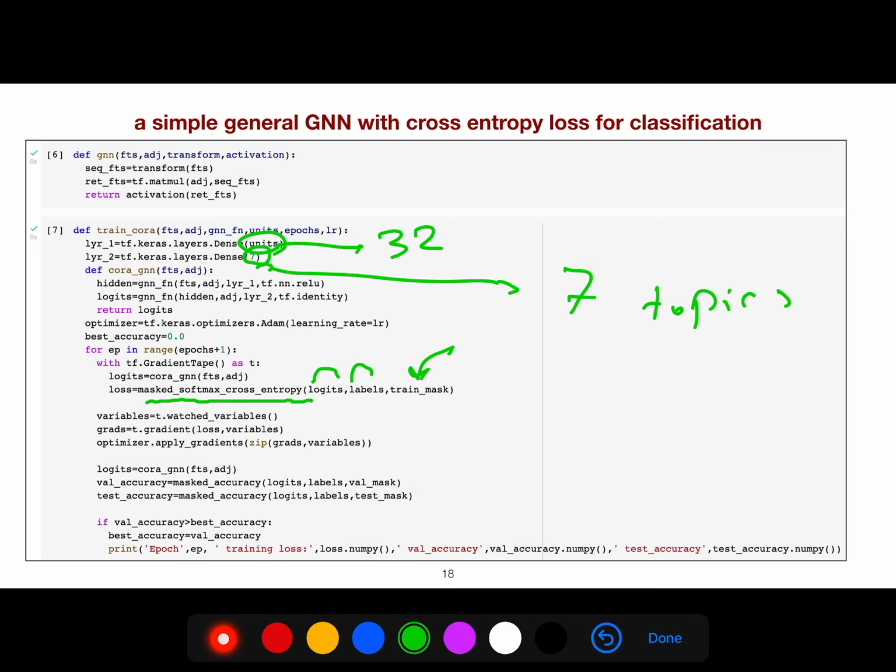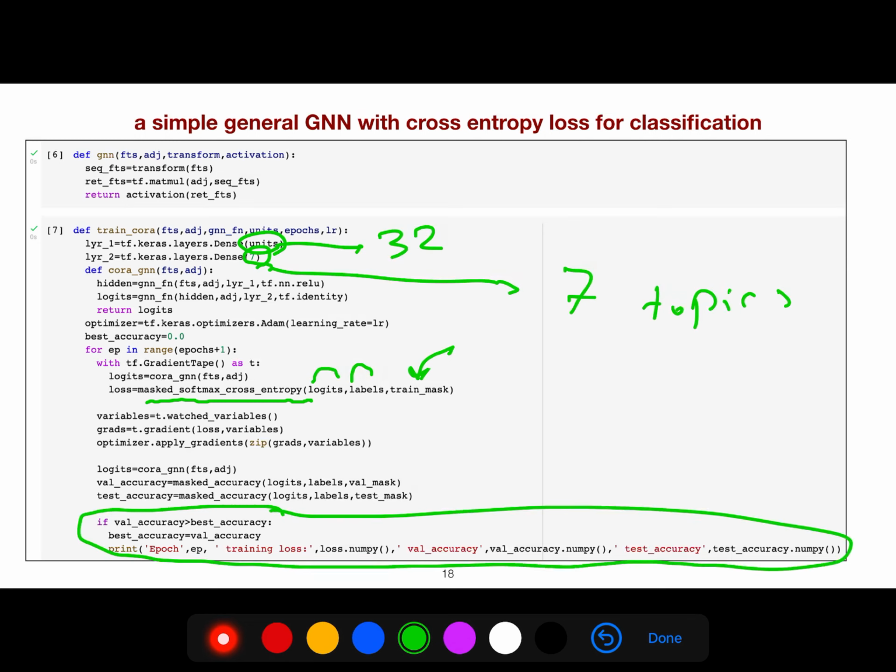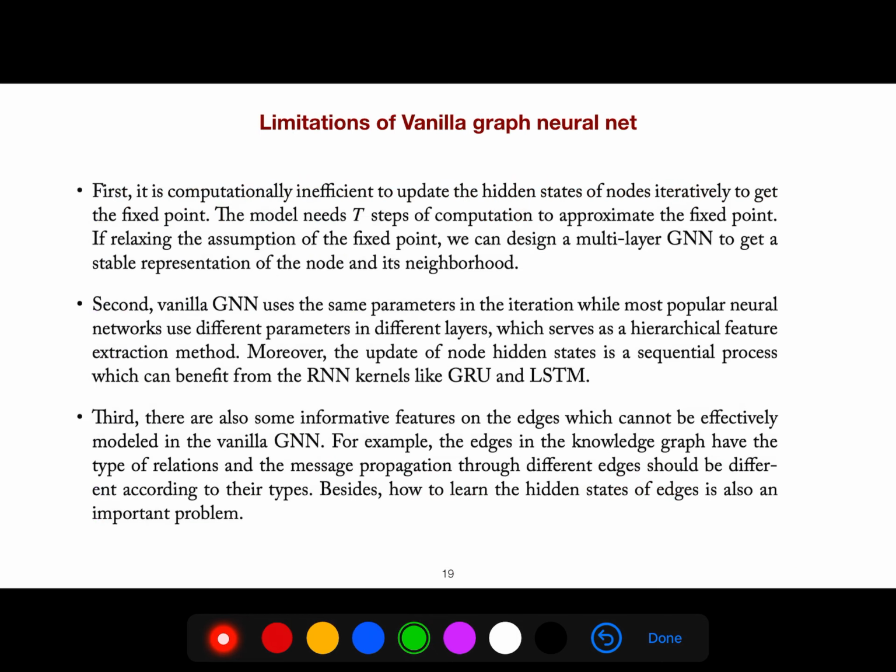And you observe the training loss, validation loss, and test accuracy. What is important here is just the logits. Use GNN FN, and your GNN is just a transform, and then I will explain what it means.